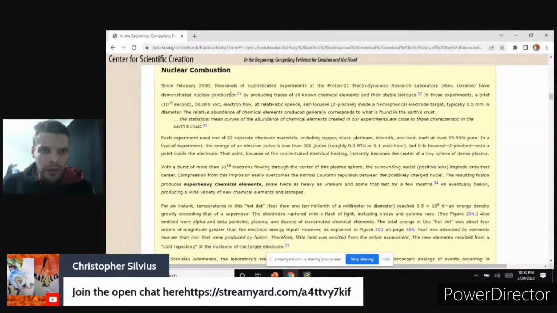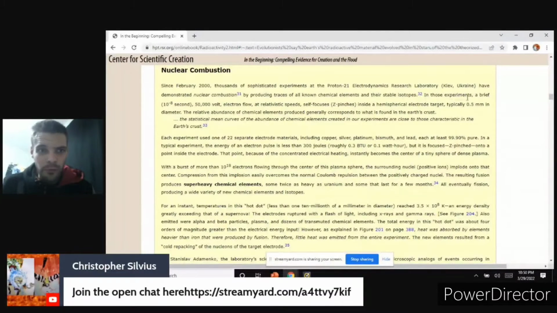Since February 2000, thousands of sophisticated experiments at the Proton 21 Electrodynamics Research Laboratory in Ukraine have demonstrated nuclear combustion by producing traces of all the known chemical elements and their stable isotopes.